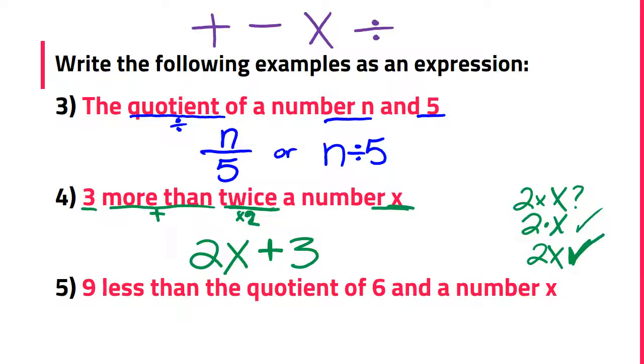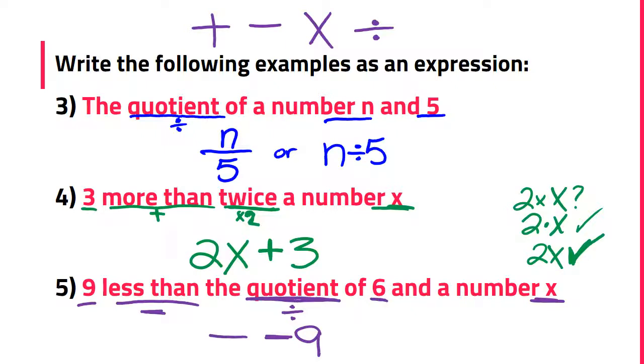Let's look at example 5. 9 less than. What does that mean, less than? What am I going to do? I'm going to subtract the quotient. What does quotient mean again? We already used quotient, division of 6 and the number x. So 9 less than. So I'm going to subtract 9 from what?